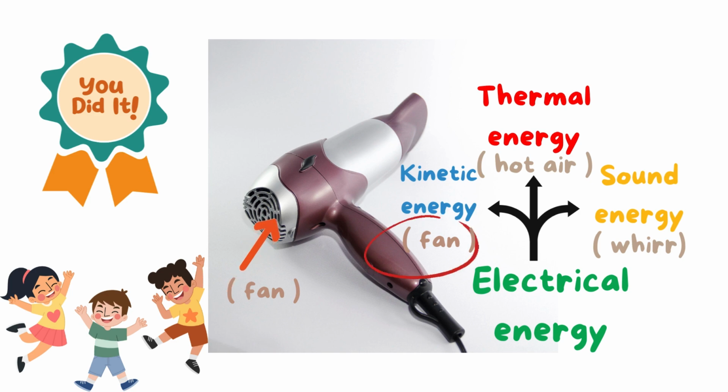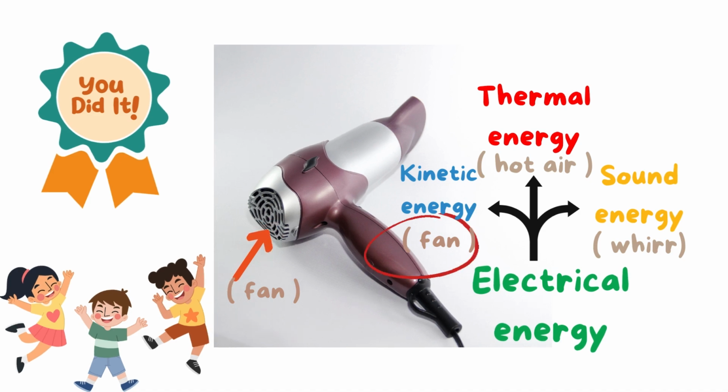So here the electrical energy changes into kinetic energy in the fan, thermal energy from the hot air, and sound energy as we hear the sound of the hair dryer. Yes, like whirr. Okay, so this is the whole story. This is the energy chain in the hair dryer. I hope it is easy for you.